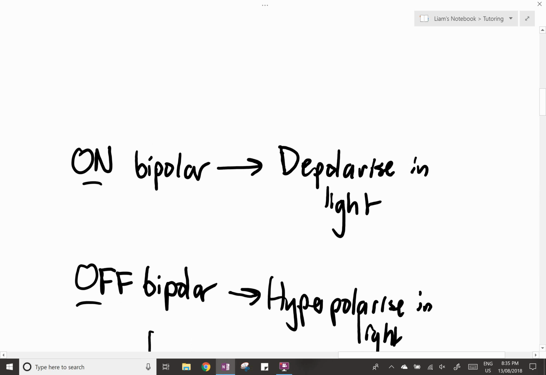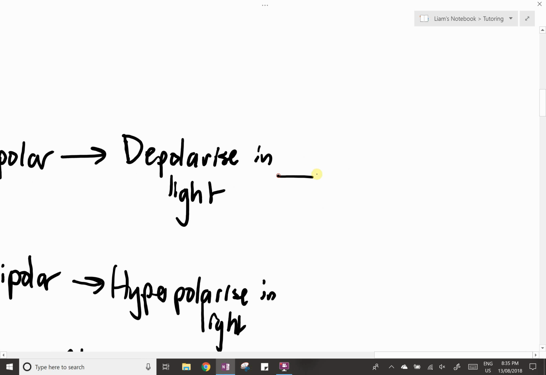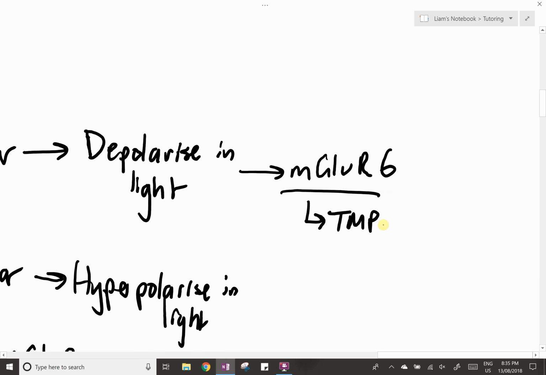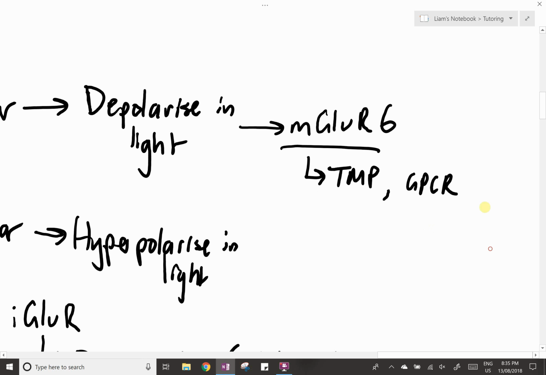With the on bipolar cells, they have a type of receptor called metabotropic glutamate receptor, and they have the mGluR6. What this does is, in the presence of glutamate, it inhibits channels. So it's a transmembrane protein, and it's basically a G protein coupled receptor, similar kind of structure.